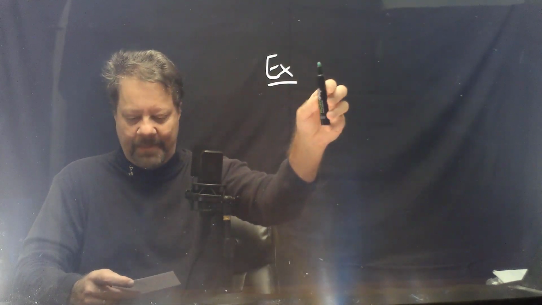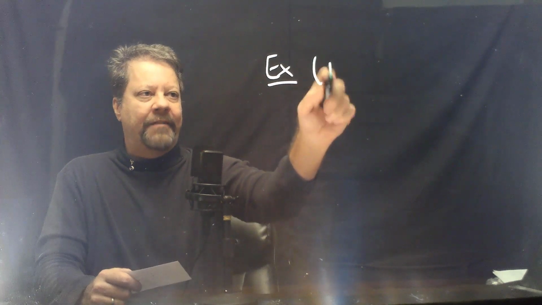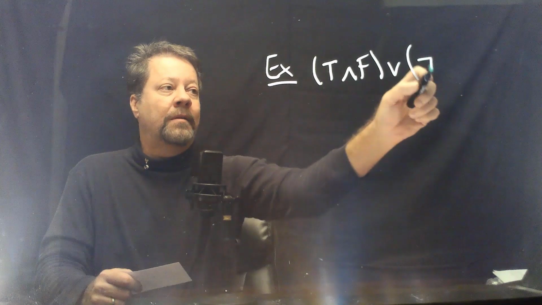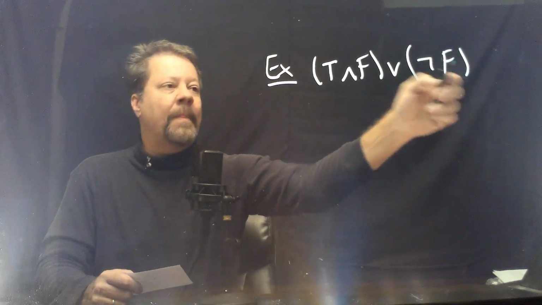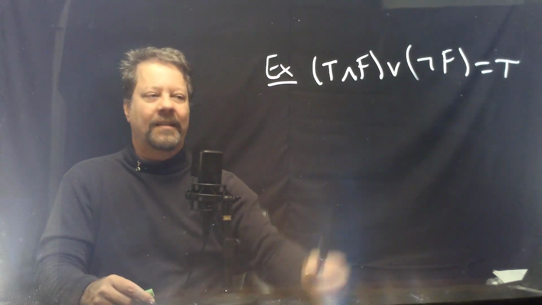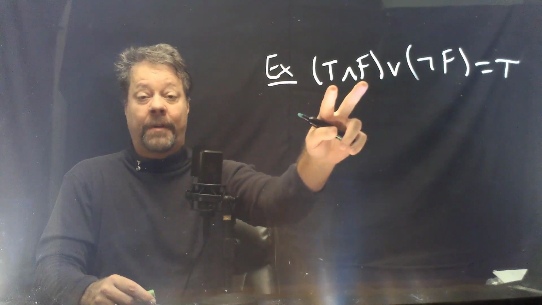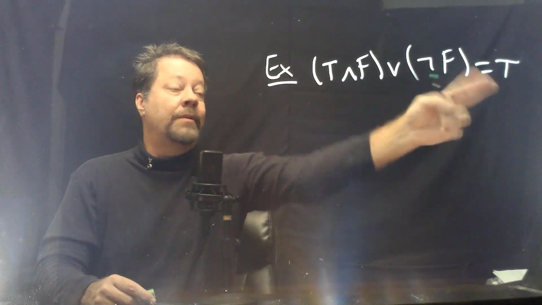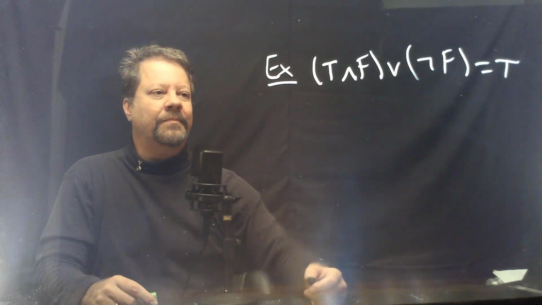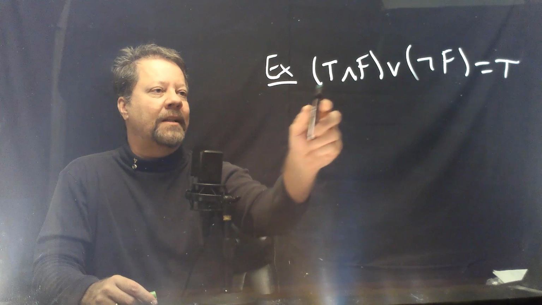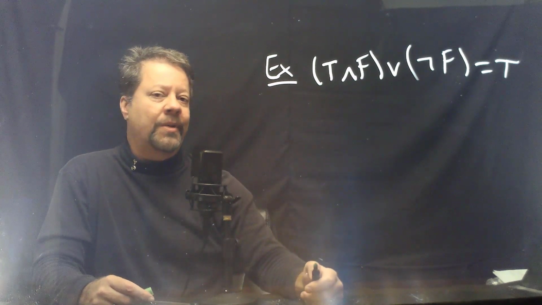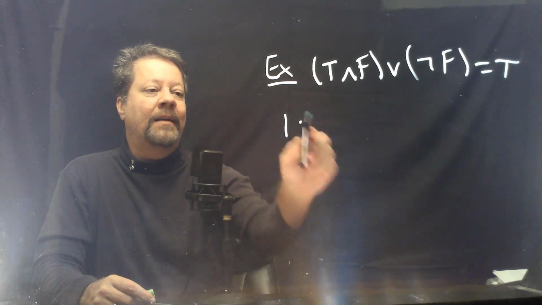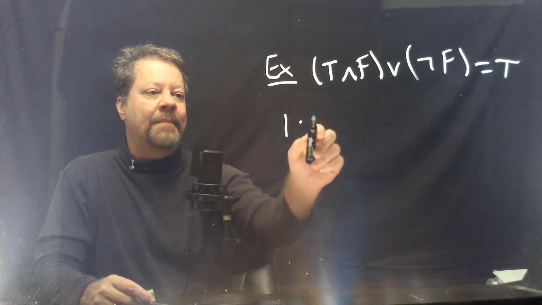As another example, let's suppose that we have true and false, or not false. Notice that true and false is false, but not false is true, false or true is still true. Now, let's convert this into zeros and ones in our Boolean algebra. Here we have one, since this is an and, it's a times, 0.